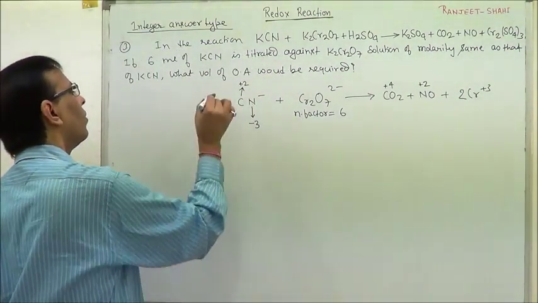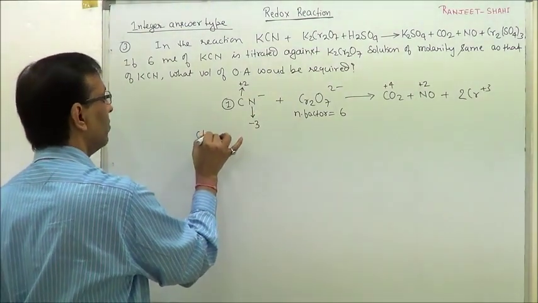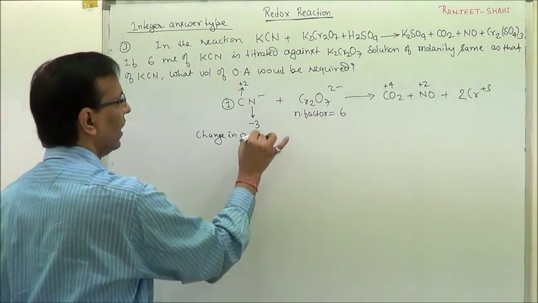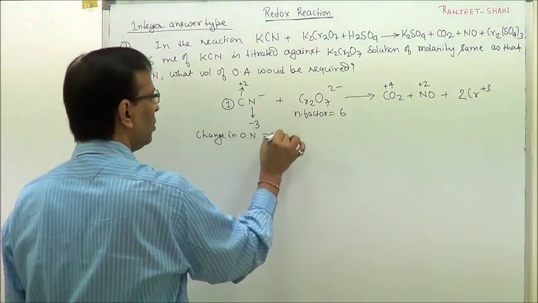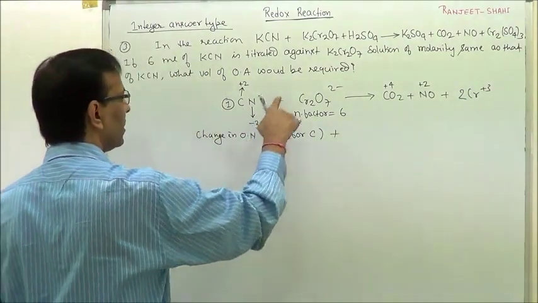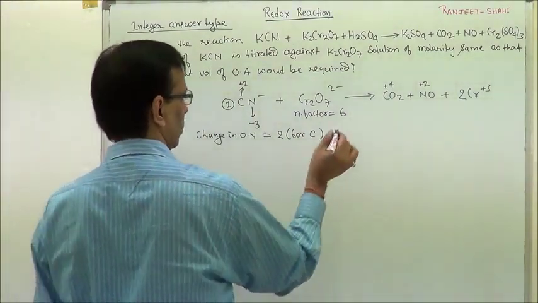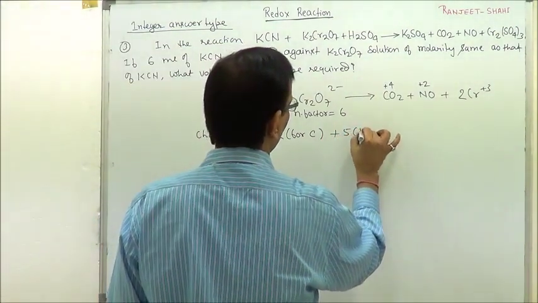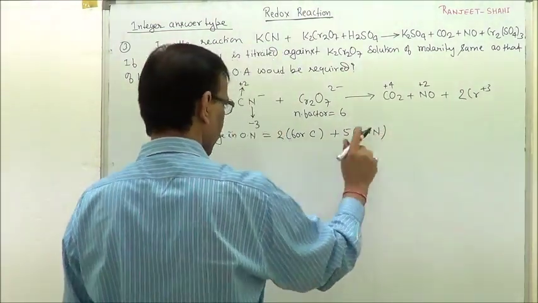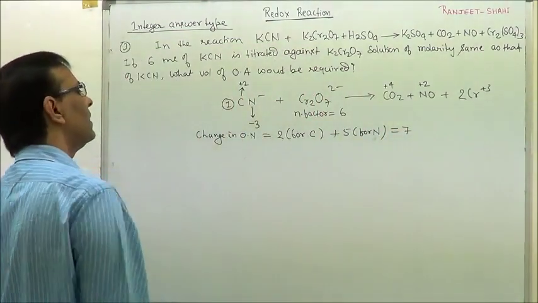So for one cyanide, the change in oxidation number is 2 for carbon, and -3 to +2, that is 5, for nitrogen. So it is 2 plus 5, which is 7. So the n factor for cyanide is 7.